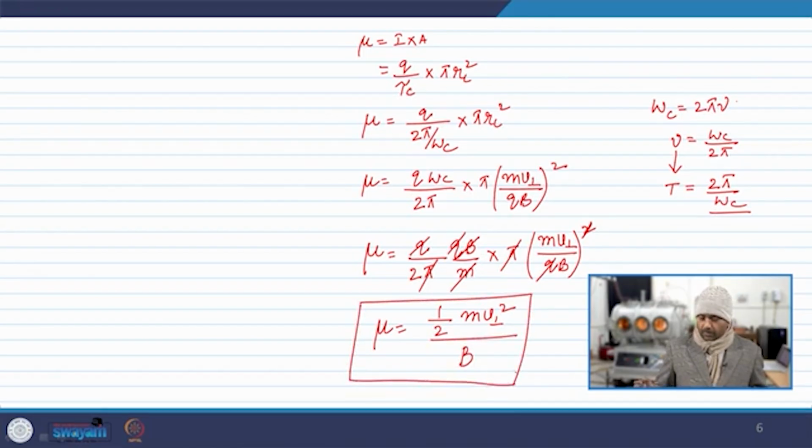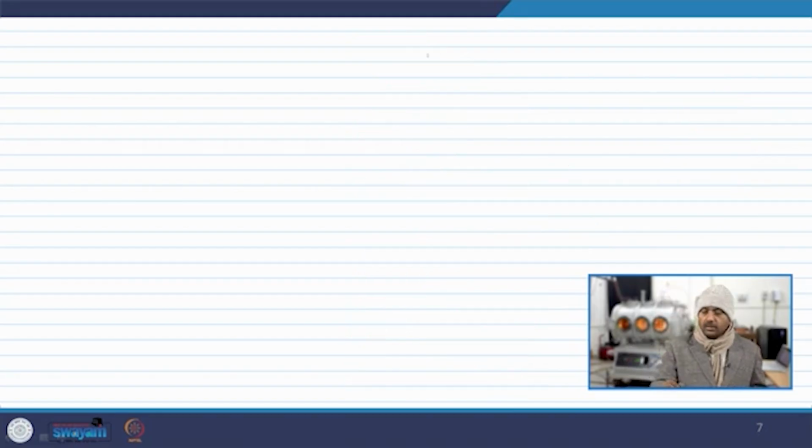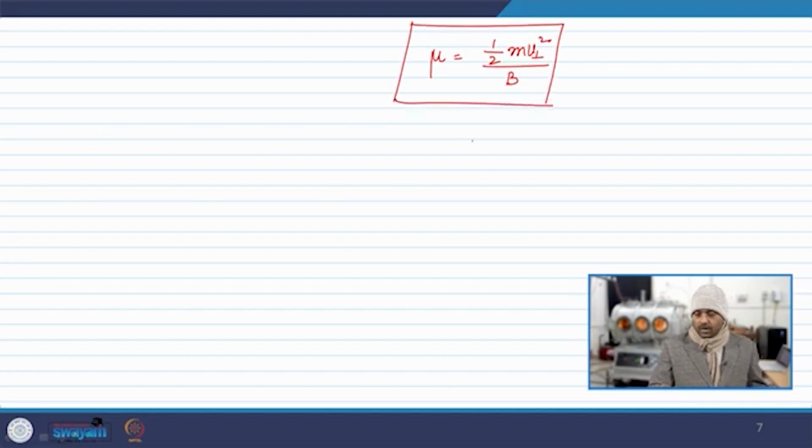Half m v perpendicular square divided by B. What is this? This is the magnetic moment. Half m v perpendicular square by B. Or we can write the magnetic moment as the perpendicular kinetic energy by magnetic field.